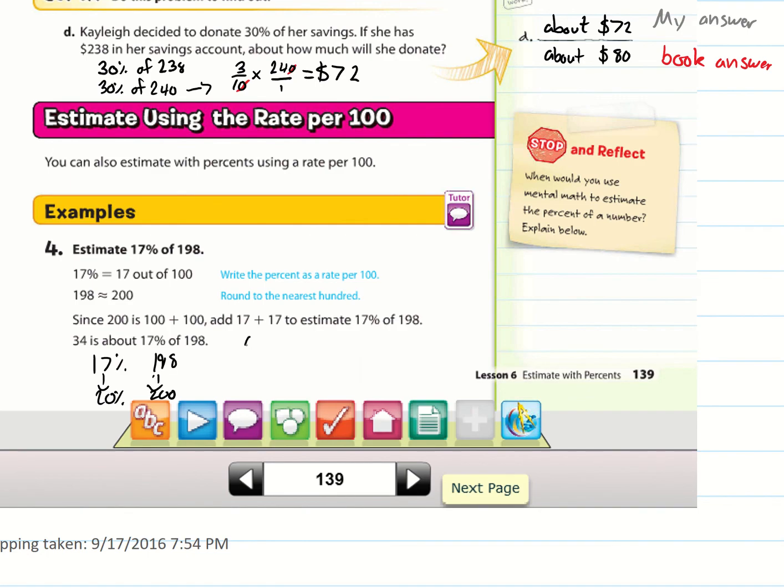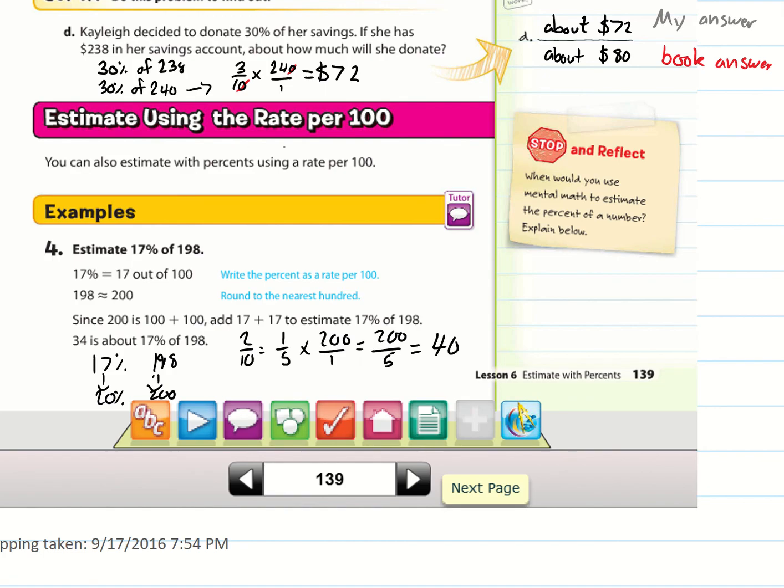So 20% is going to be 2 out of 10, which equals 1/5 times 200 over 1. So that equals 200 divided by 5, and that's going to equal 40. Oh, I'm sorry. So this is the way we have been doing it.